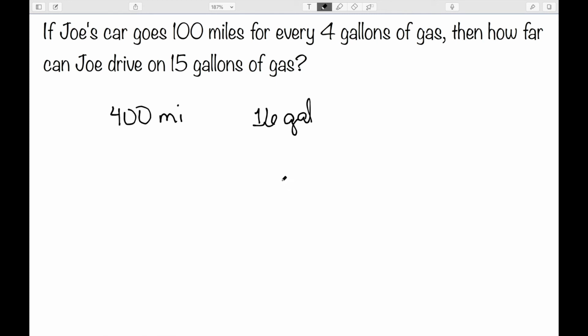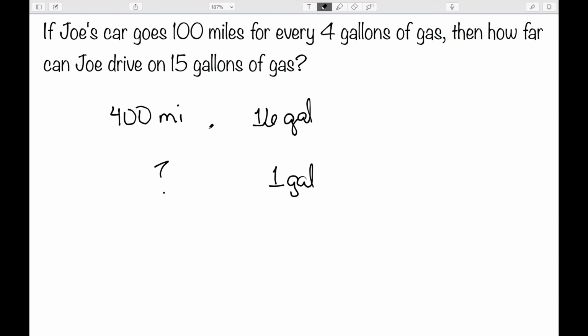Using our previous tables and double number lines, we know that we can go 400 miles on 16 gallons of gas. So we should be able to reason that we should go a little bit less than 400 miles. In fact, 15 gallons is 1 gallon less. So the question is, how far can we go on 1 gallon? That way we know if we can go 400 miles on 16, it gives us the gap we have between 15 and 16 gallons of gas.